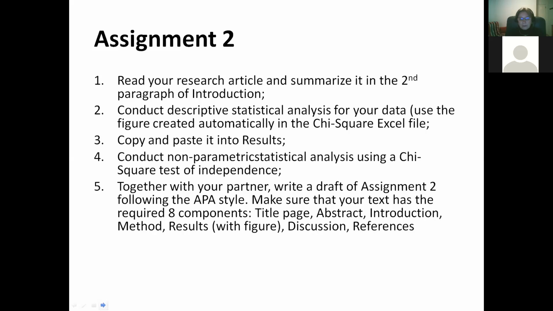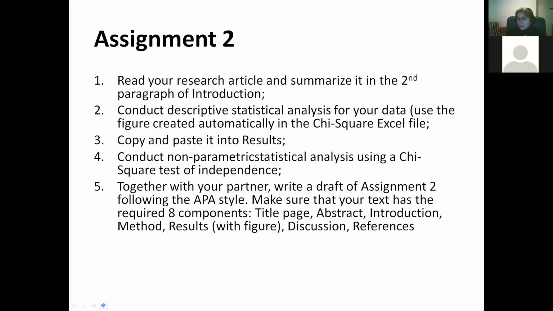So all you have to do is copy and paste it into your results. The second paragraph is non-parametric statistical analysis, which is a chi-square that we did last week. And I asked you to try to write that on Tuesday for those of you who are here.